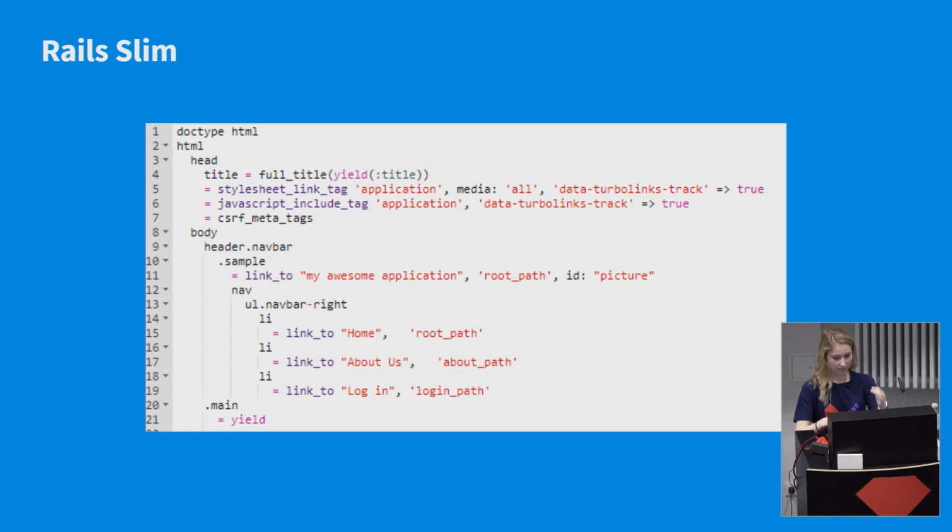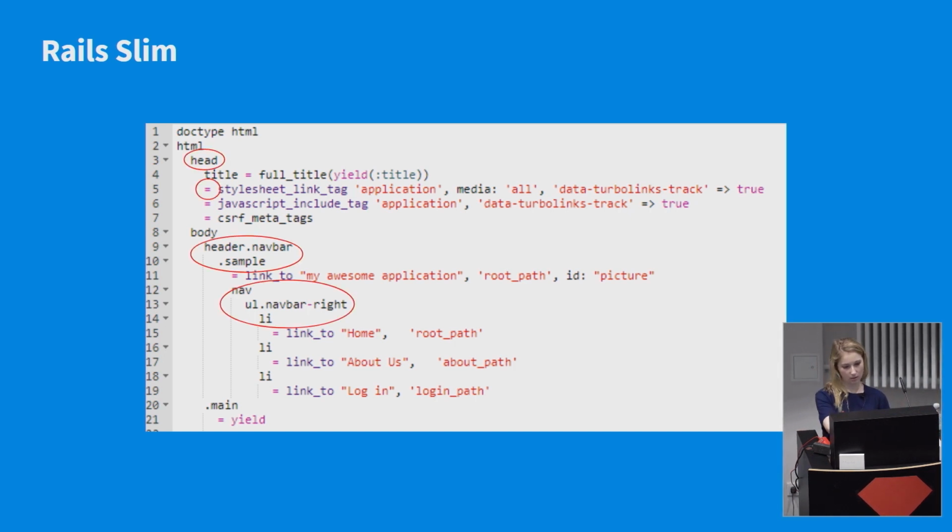I think it really condenses it very much. What we have here is, you can see, we don't need the little angle brackets to include the head. You can really just include links to such, like the style sheets right here, with just the equal sign. We don't need all of those angle brackets and the % signs and such. We can just use the equal sign. We can use that for pretty much all links.